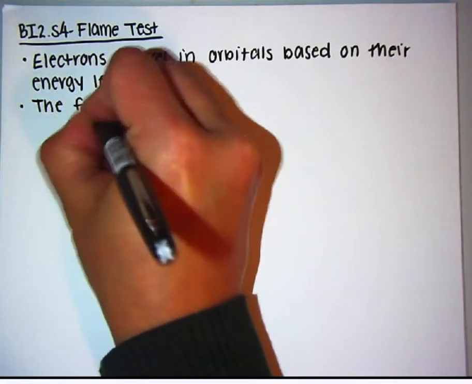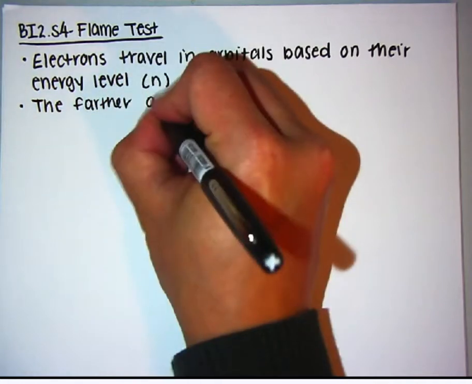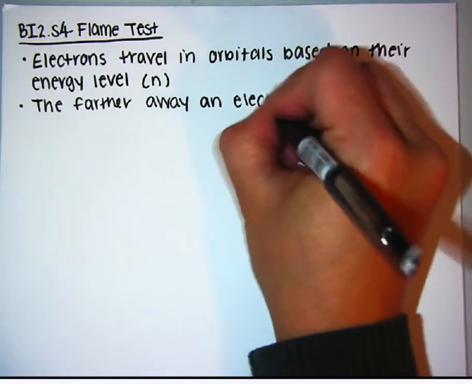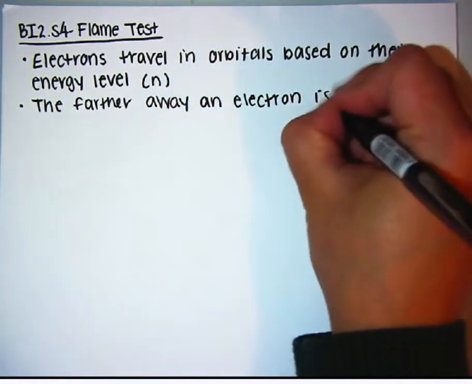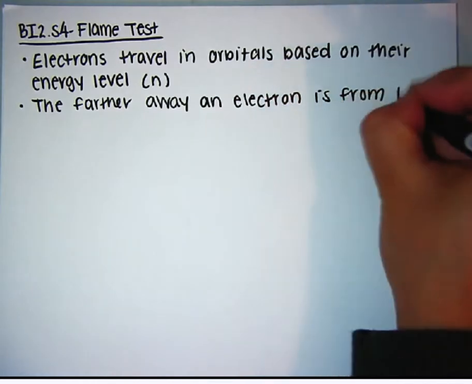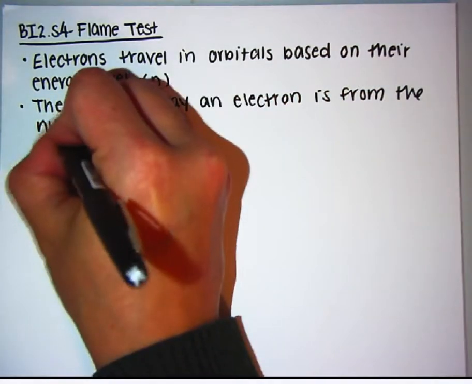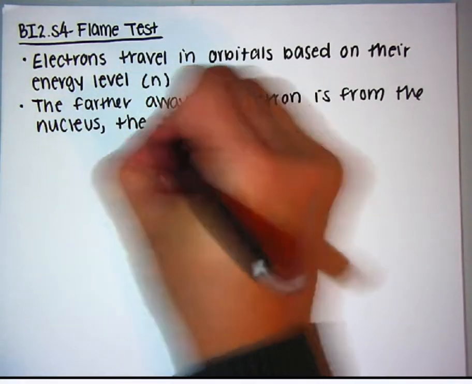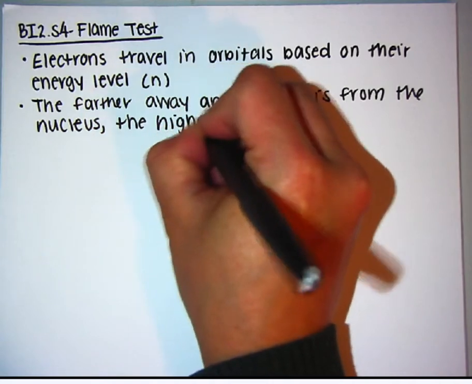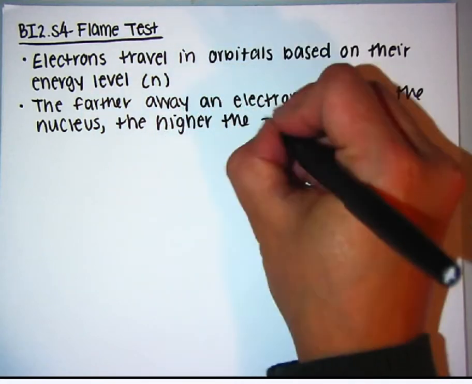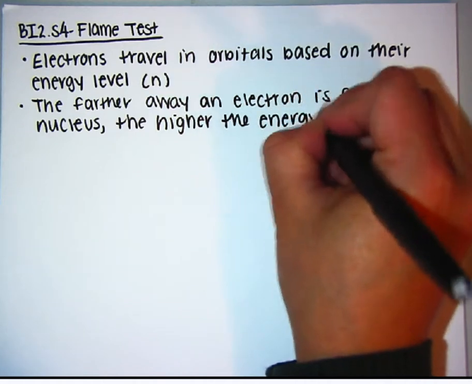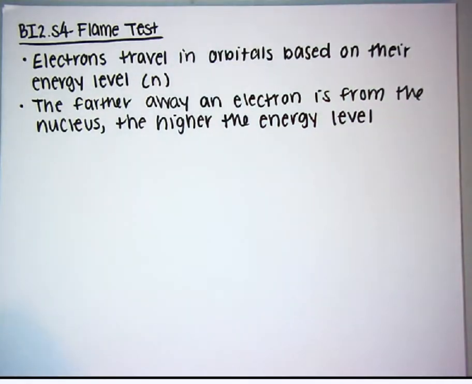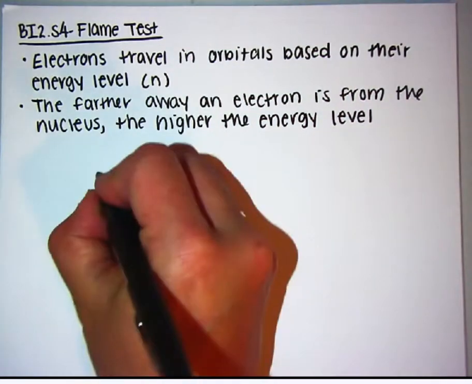The farther away an electron is from the nucleus, the higher the energy level. So as we move away from the nucleus, the energy level increases.